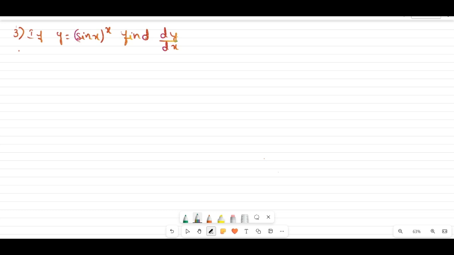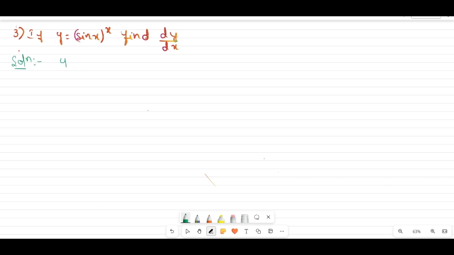Observe properly, the base is sin x, a function of x. The power is also x, which is also a function of x. We can't directly differentiate this function, so obviously we must apply logarithmic differentiation. By taking log on both the side, we can easily differentiate this function.